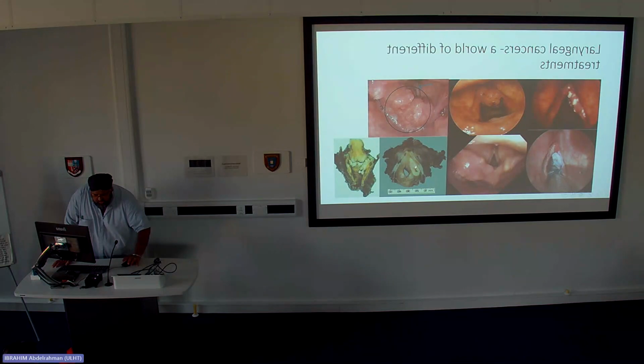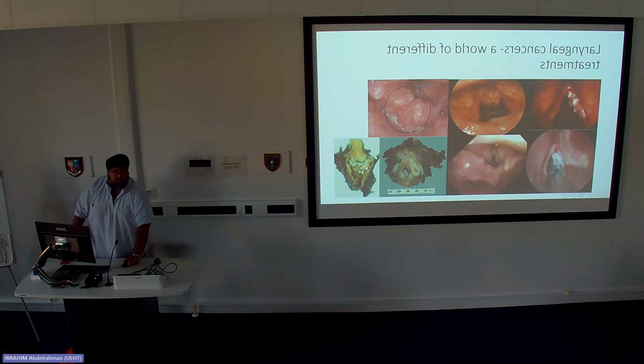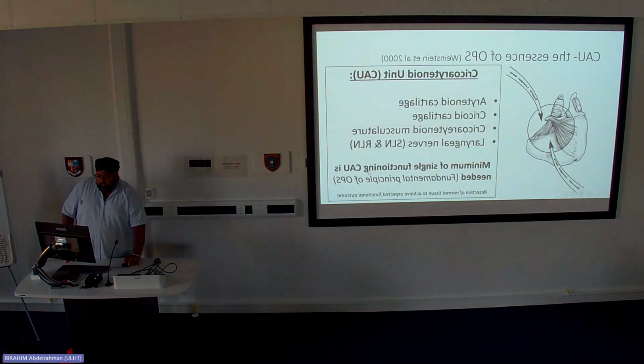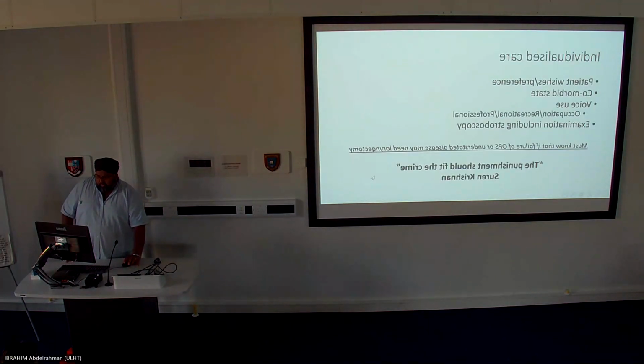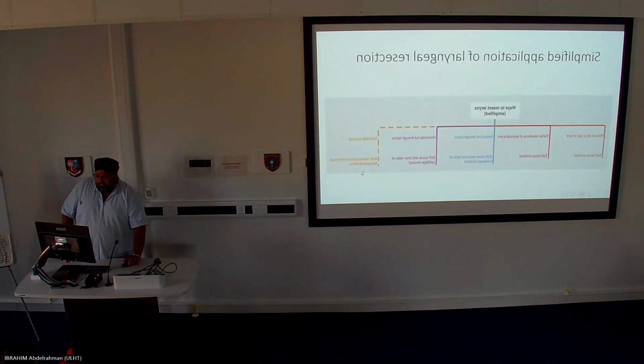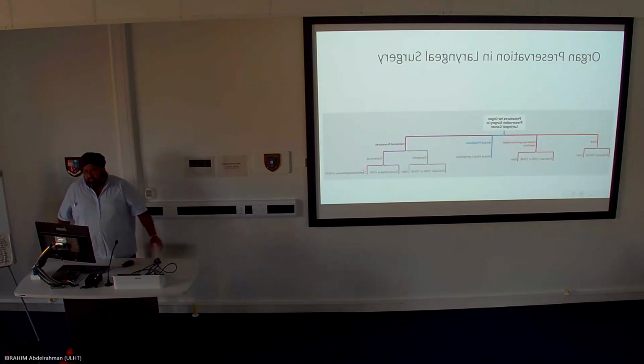Yeah. See that kind of rough entrance? That's inner table invasion. Yeah. And you can see it here, more obviously as you're going through it. This yellow line basically means you aren't suitable for organ preservation surgery.